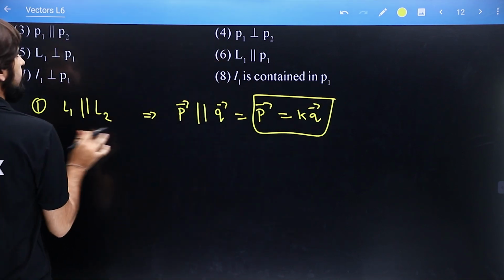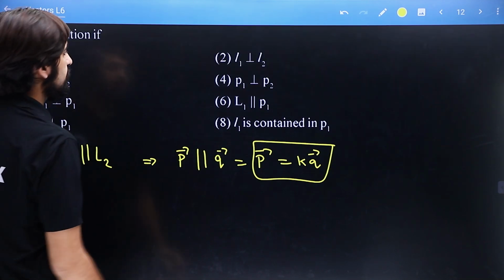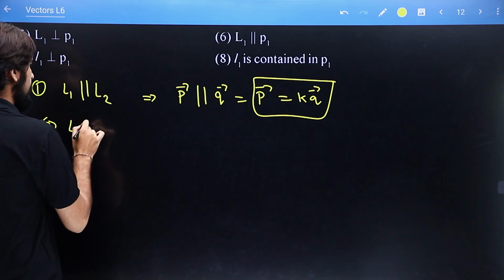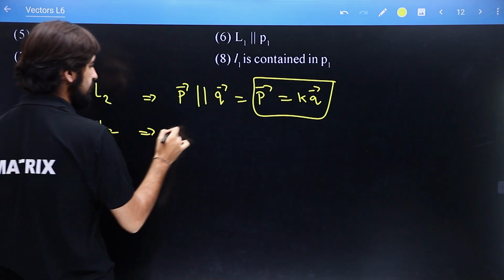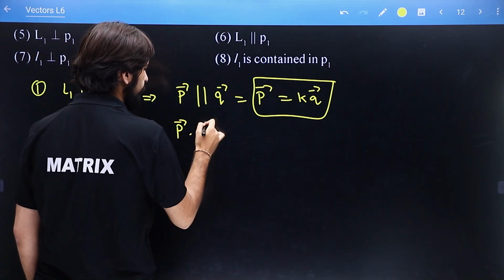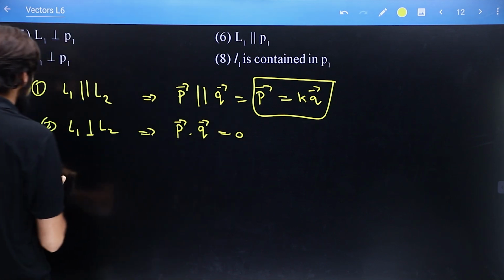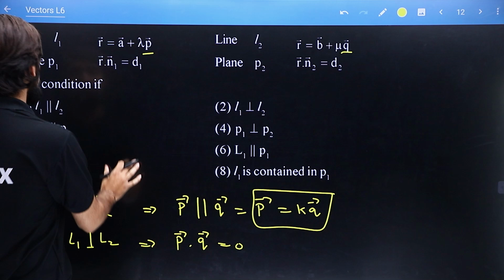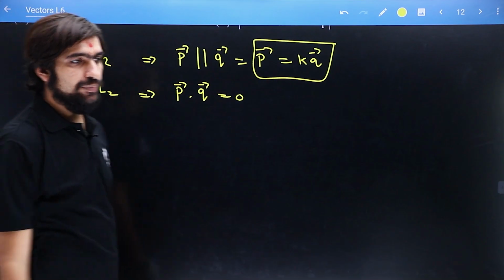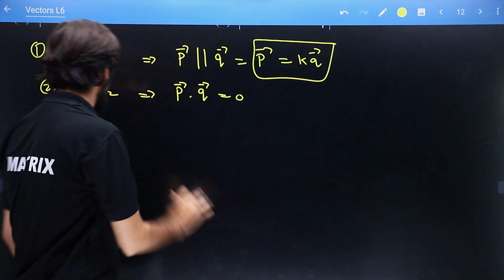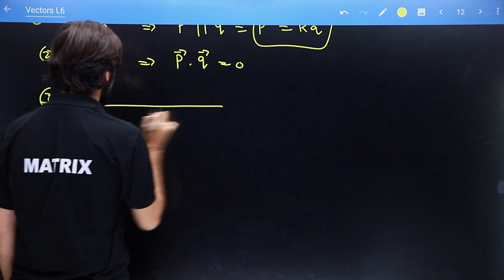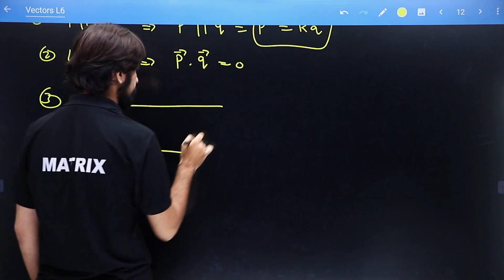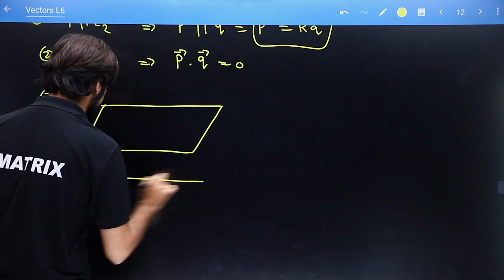Second, it has asked that L1 is perpendicular to L2. That means straightforward, P dot Q equal to 0. Third one, it has asked that P1 is parallel to P2. Now you have to understand what P1 parallel to P2 means. This is one plane, this is another plane.